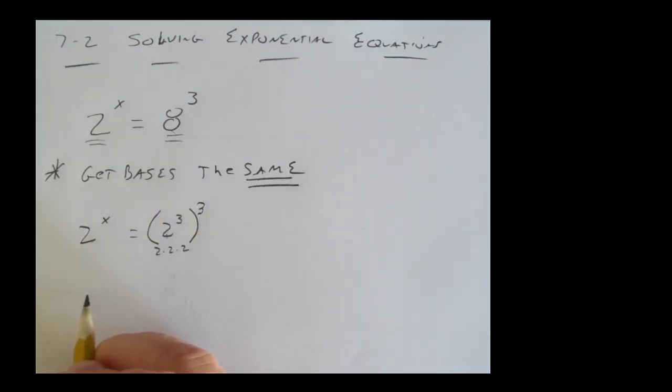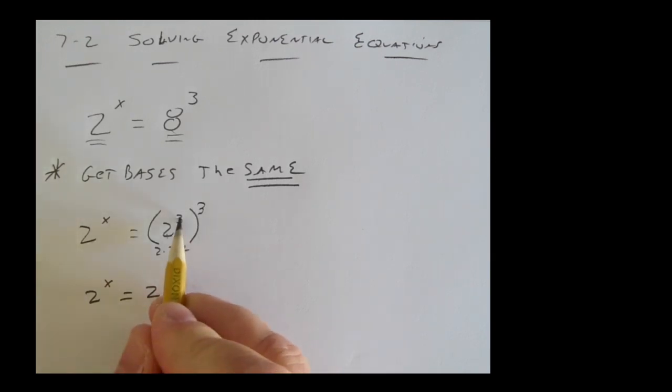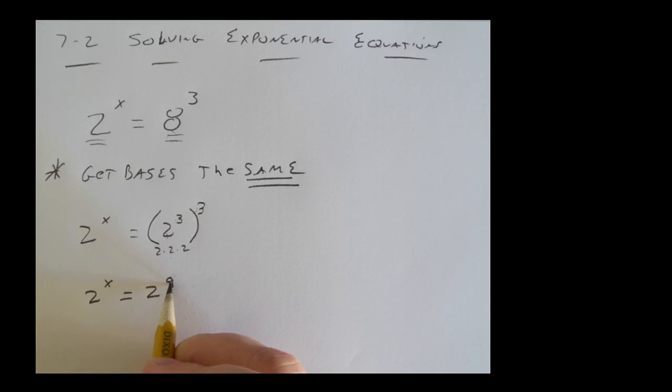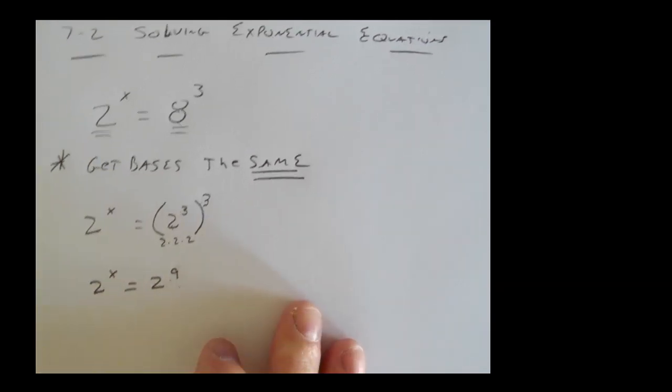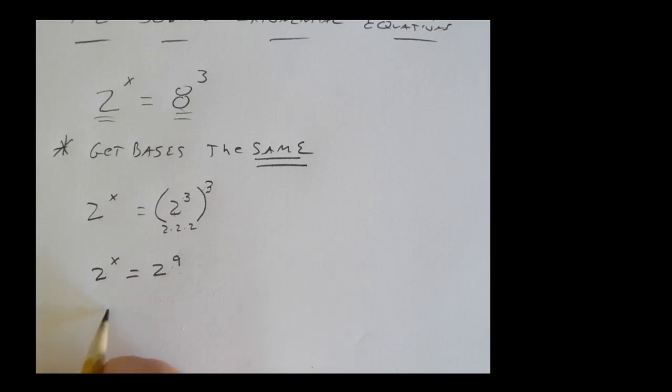Okay, so now we can again rewrite this. And you know your rules of exponents, that when you have powers to powers, you multiply them. So that becomes 2 to the 9th. Now we have 2 to the x equals 2 to the 9th. Now it's a fairly obvious problem to solve, because x equals 9.